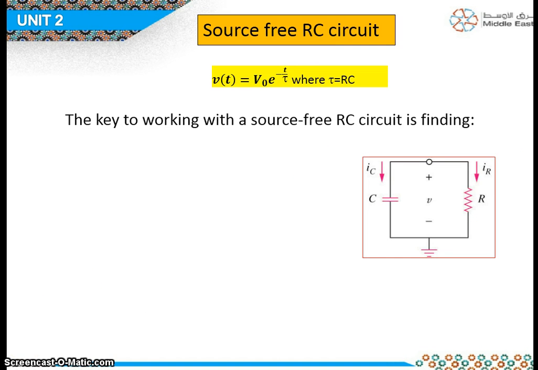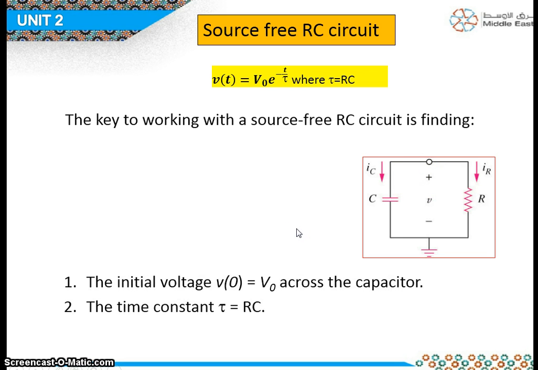Okay, so with this knowledge, now we can summarize. In order to do the analysis of a source-free RC circuit, we need the following details. 1. The initial voltage across the capacitor, that is assumed to be the maximum voltage with which the capacitor was initially charged.